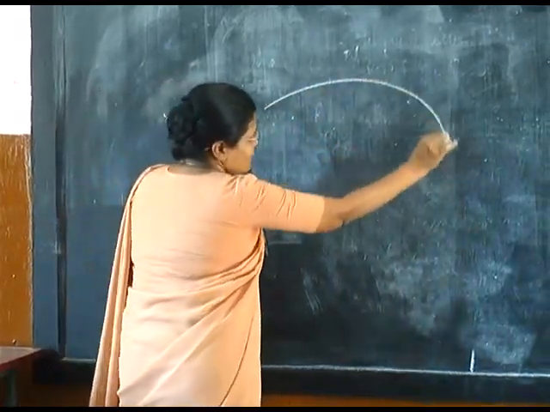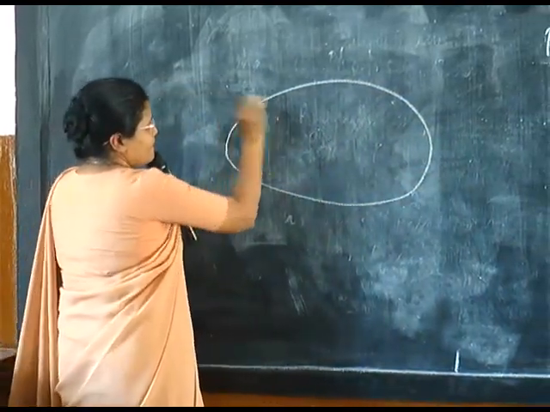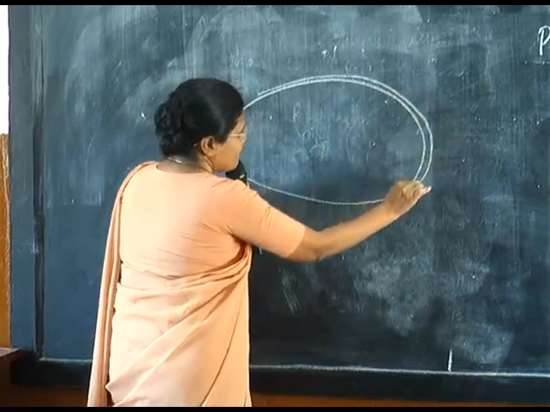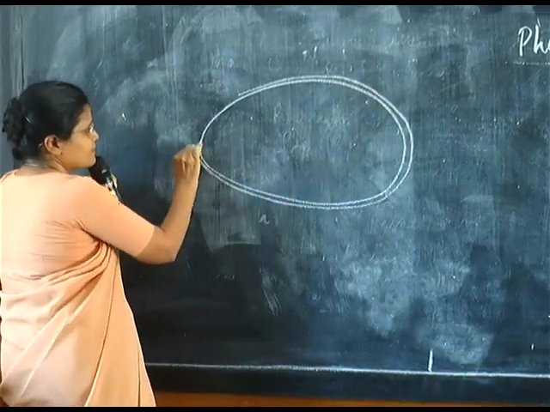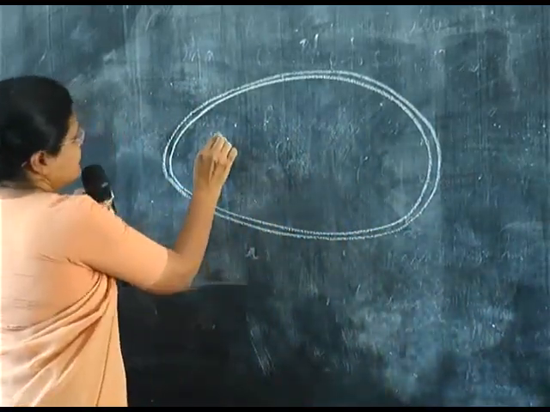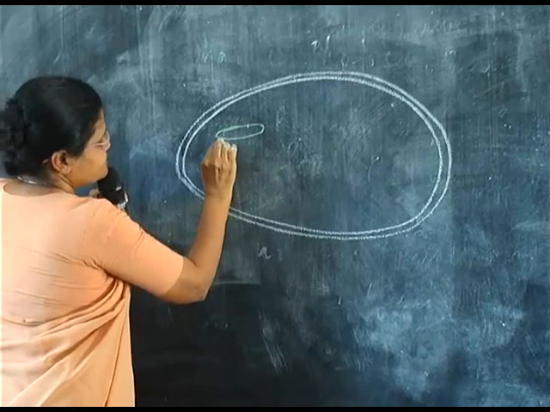It's a double membrane organelle. Inside that you have two parts called stroma or matrix, and the thylakoids or grana.